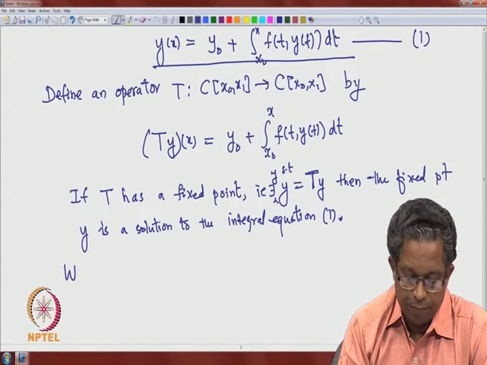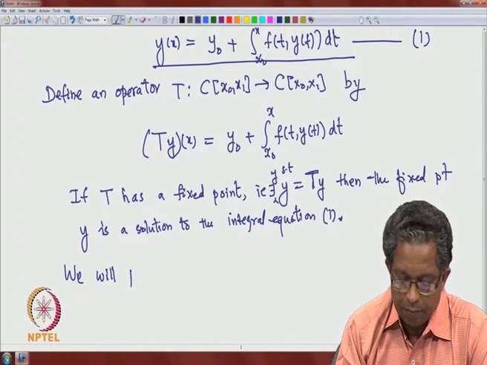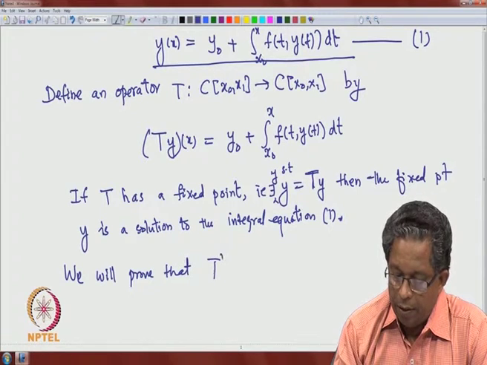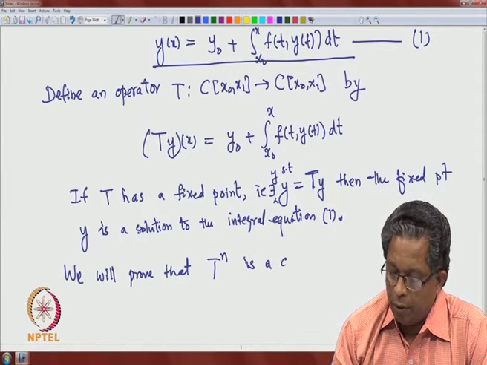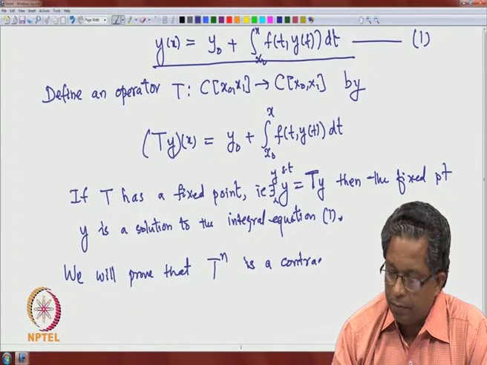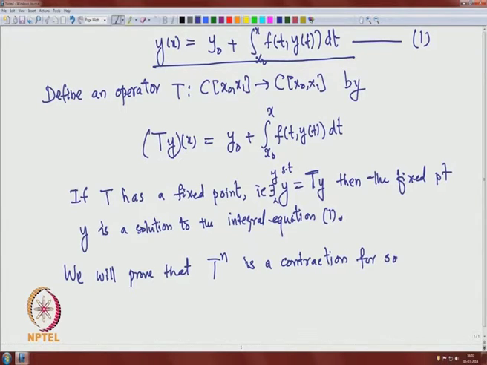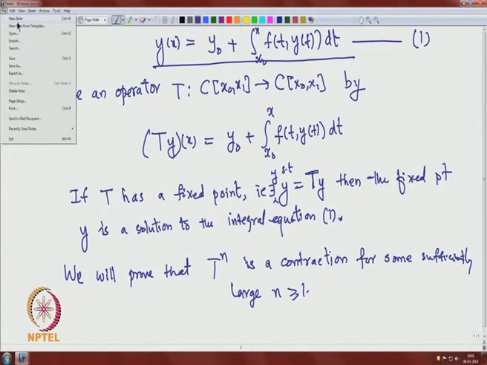So, we will prove that T^n is a contraction for some sufficiently large n. So, how do we go about it?